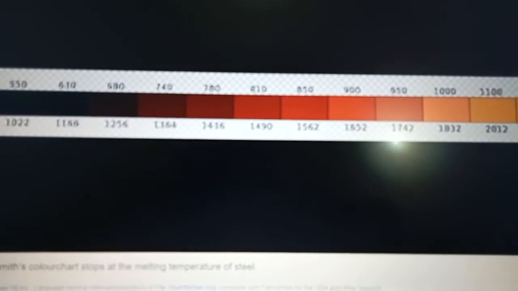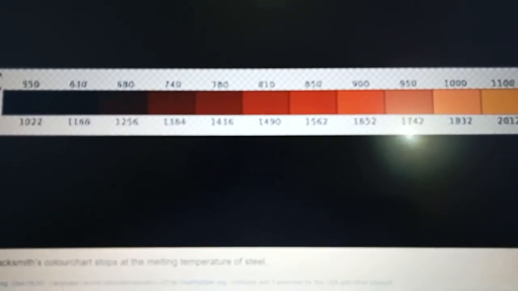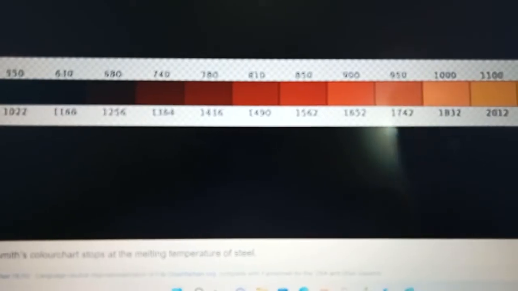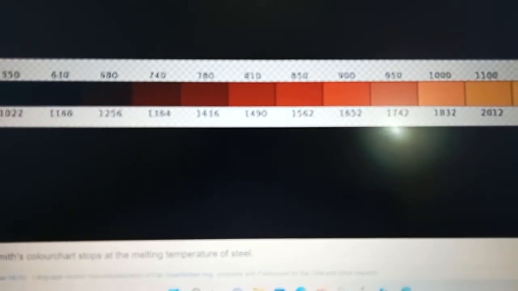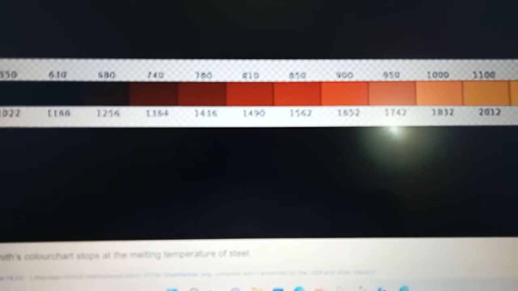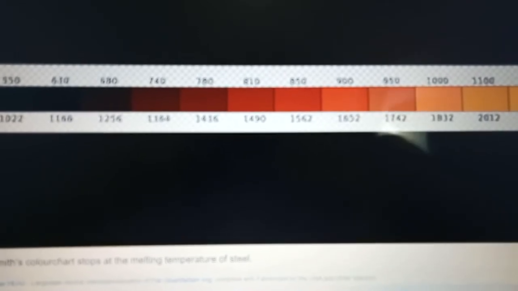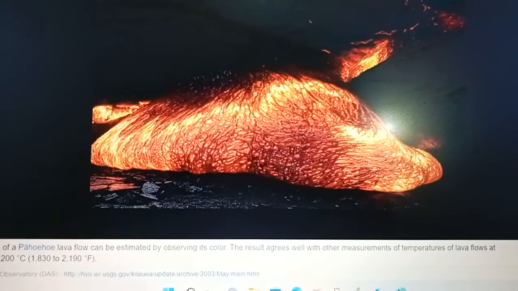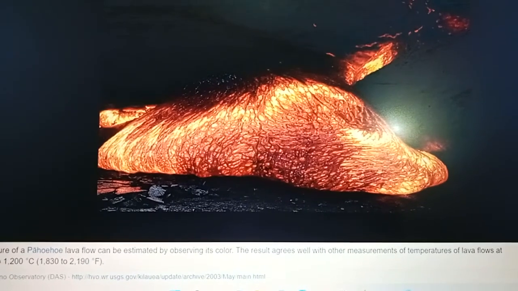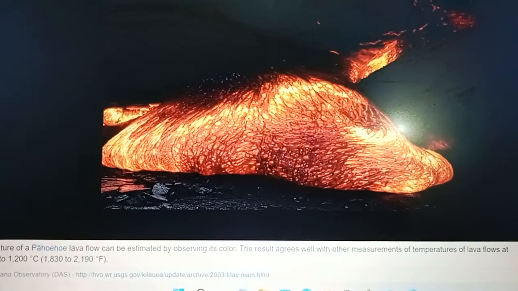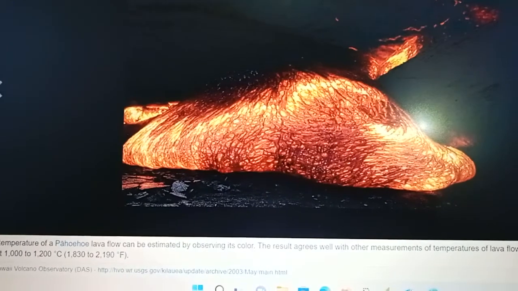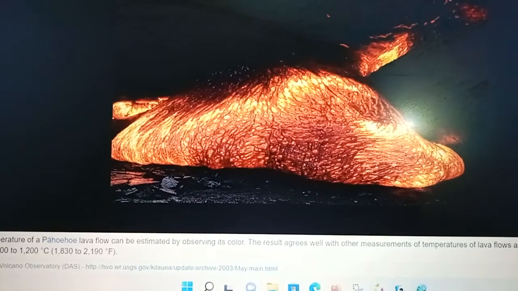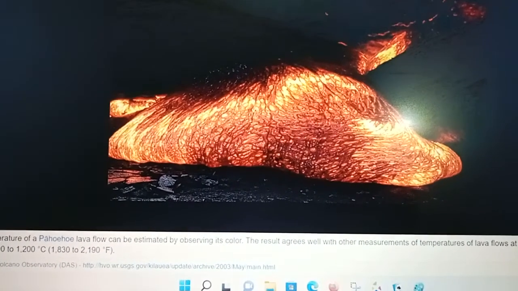So that means the color emitted by the body, or by the steel when it is hot, can be related to the temperature. A similar concept can also help to measure the temperature of lava flow from its color.